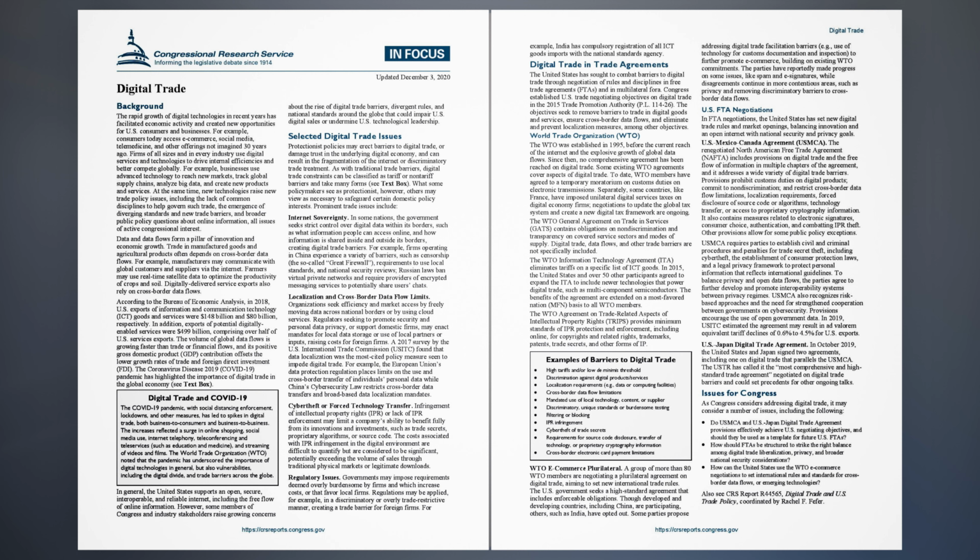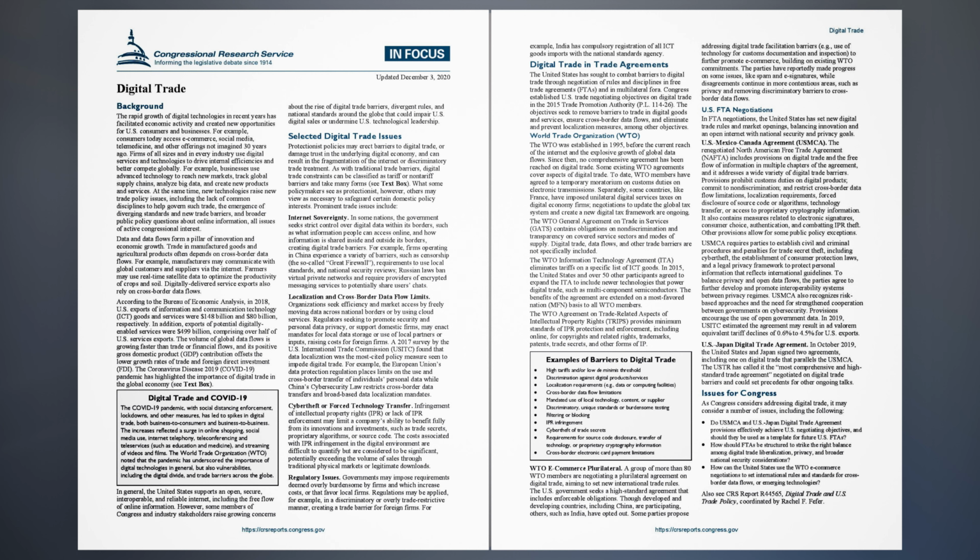Some parties propose addressing digital trade facilitation barriers, for example, use of technology for customs documentation and inspection, to further promote e-commerce, building on existing WTO commitments. The parties have reportedly made progress on some issues, like spam and e-signatures, while disagreements continue in more contentious areas, such as privacy and removing discriminatory barriers to cross-border data flows.